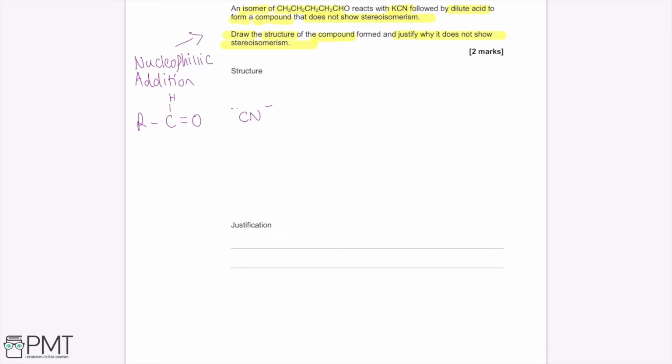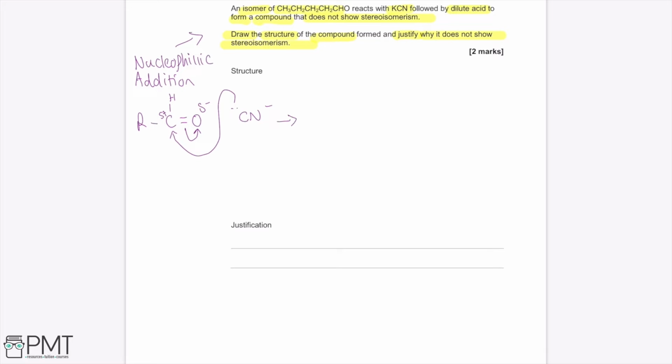Now there is a difference in electronegativity between the carbon and the oxygen, so we'll represent this via a delta positive and a delta negative on the carbon and on the oxygen. So the lone pair will be attracted to the delta positive carbon, and this will cause one of the bonds between the carbon and the oxygen to break.